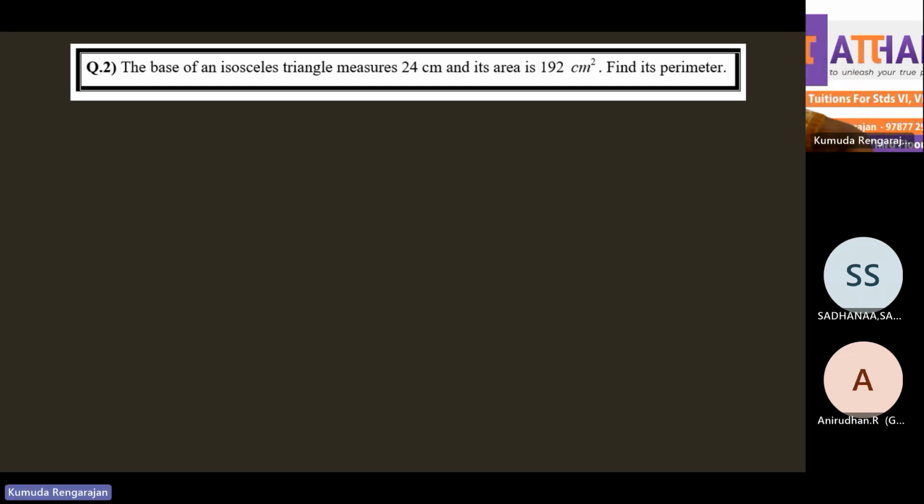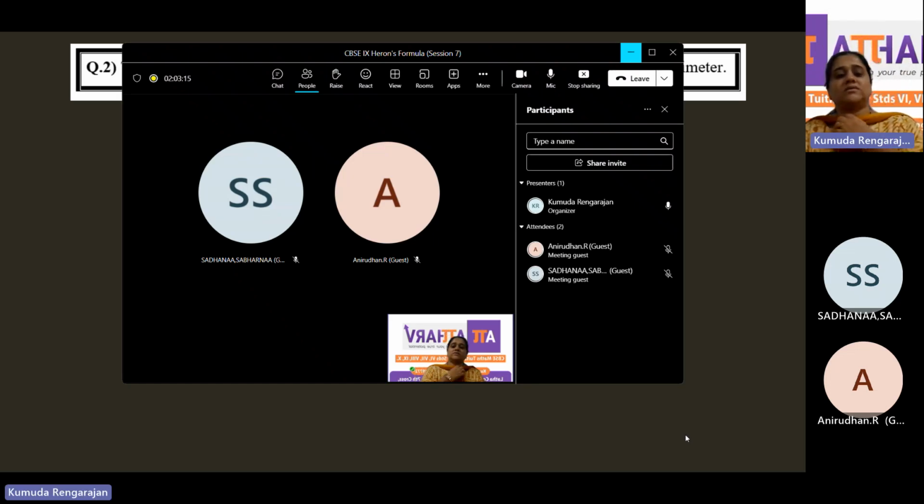Online students, what's the perimeter of the triangle? Is anyone there? Anirudh, Sadhana and Saparna, what's the answer?